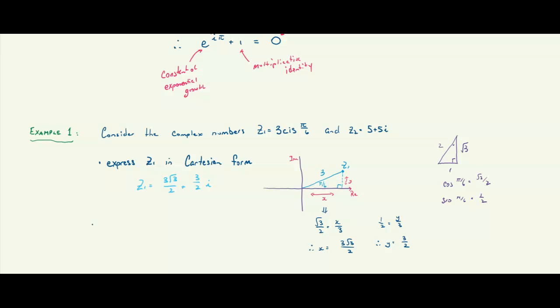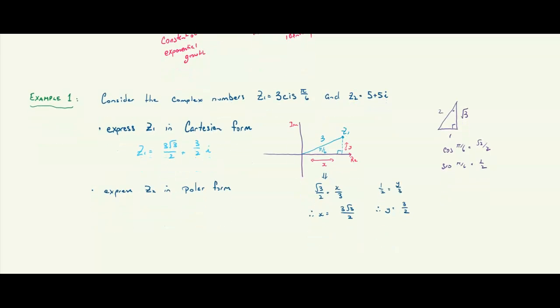Now my second task here is to express, predictably, Z2 in polar form or mod-arg form. So we need Z2. What's Z2 look like? 5 plus 5i. So Z2 is 5 plus 5i, hanging out here somewhere. For mod-arg form, we want to know what our theta is, and we want to know what r is, don't we?